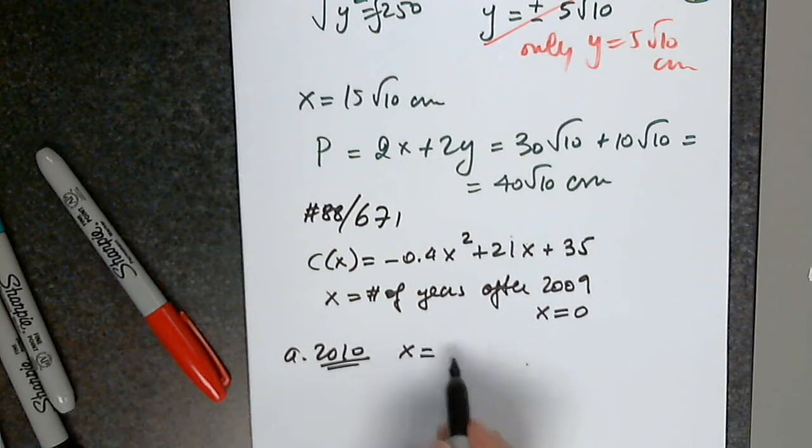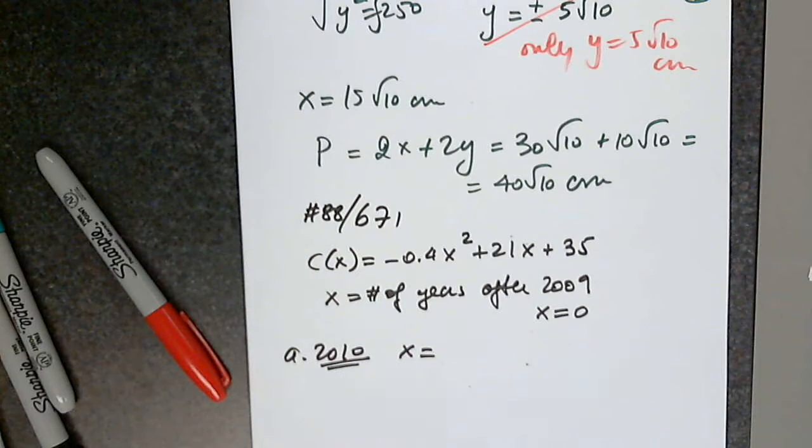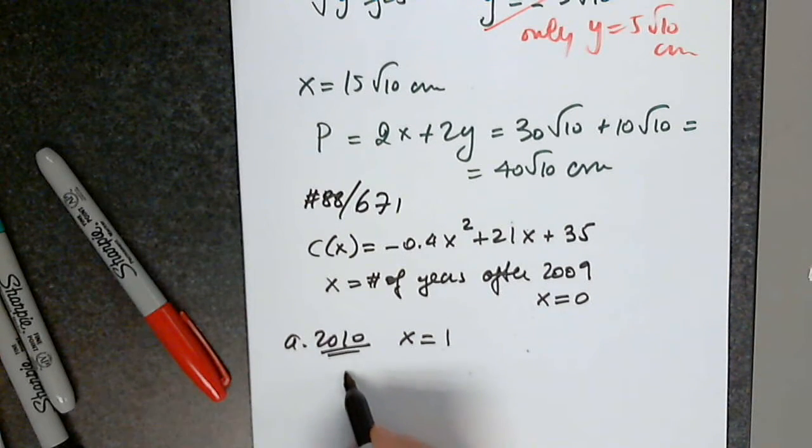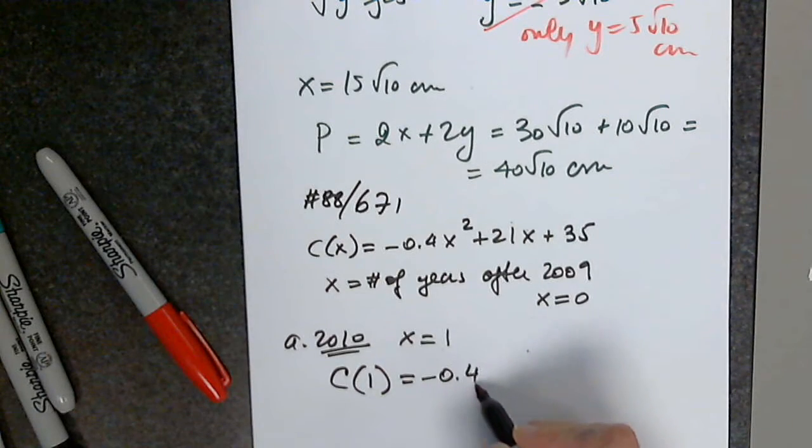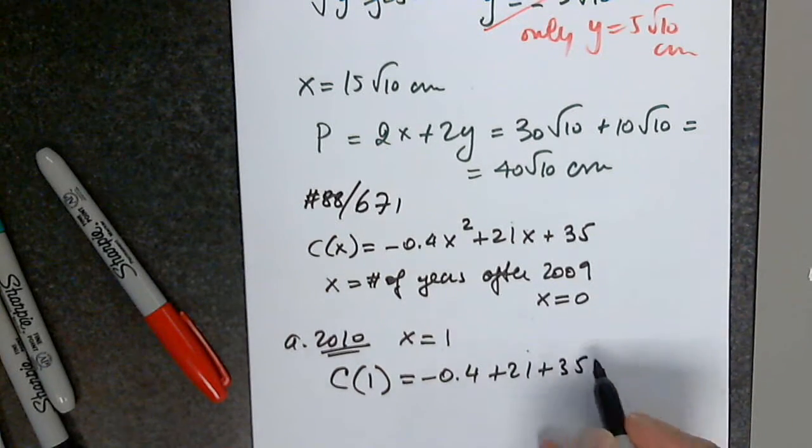How much is x for 2010? 1. So what do I have to find? C of? Perfect. So that will be negative 0.4 plus 21 plus 35.